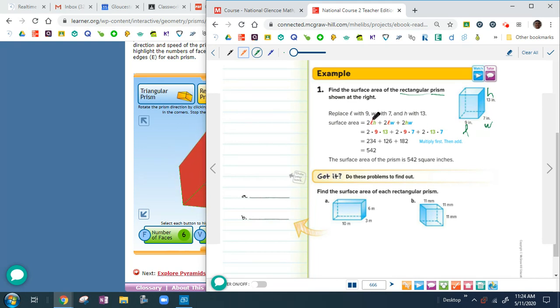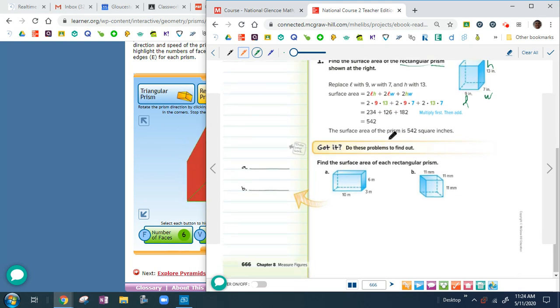Notice how in the formula, to memorize this, all you have to do is make sure that the L is paired with the H and the L is paired with the W, and then the other pairing that hasn't been made yet is the H and the W. Each dimension has to be paired with the other 2 dimensions. They can't be doubled up at all. So there you go. Then you simplify. Remember to do all the multiplication first, then add up the results, and you get your surface area.